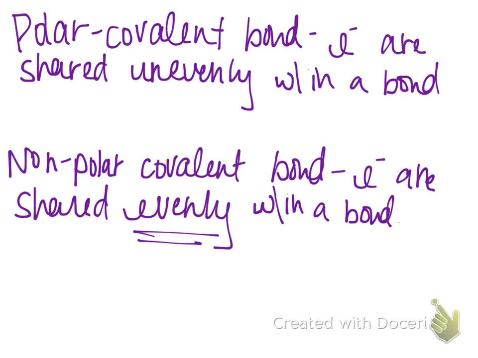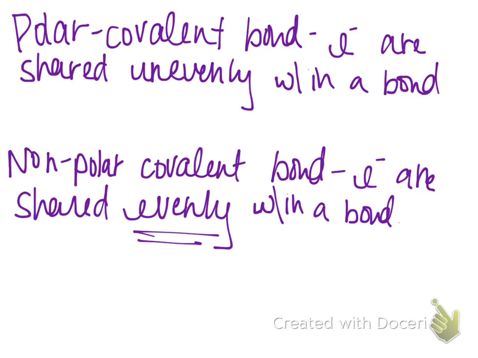Polar is uneven distribution of electrons, and nonpolar means even distribution of electrons. They kind of go backwards. But a polar bond means that something is not being shared evenly. There's a scale that helps us determine, is a bond nonpolar covalent, polar covalent, or so uneven that we would consider it an ionic bond?